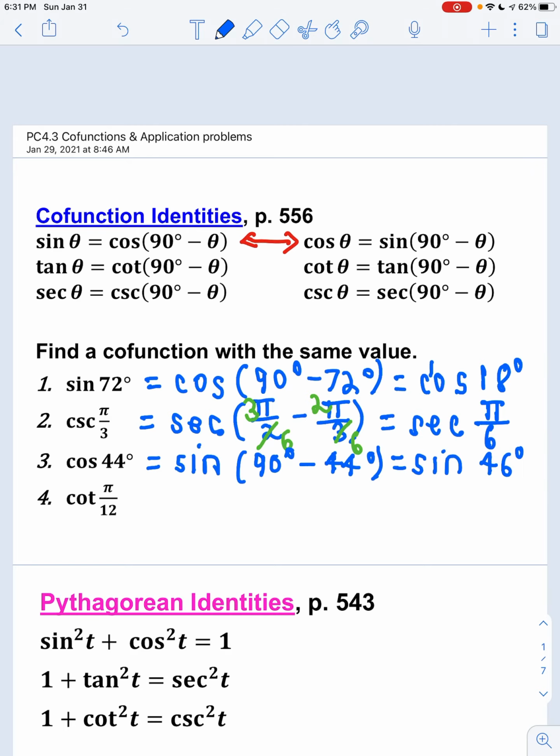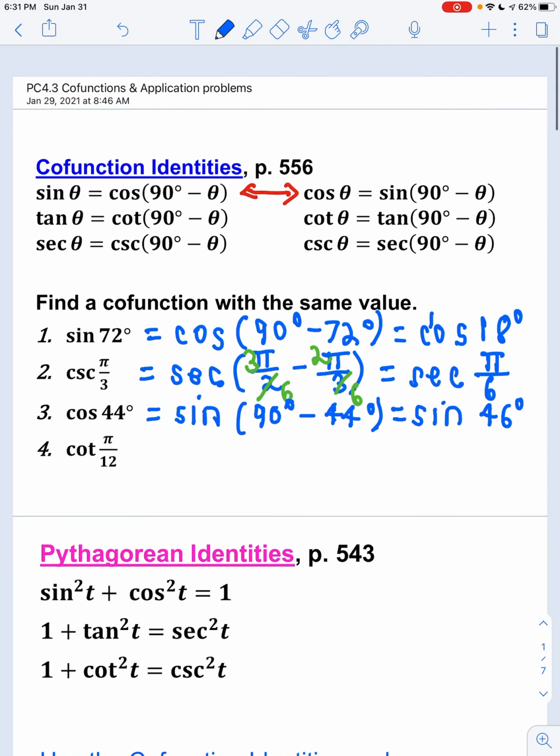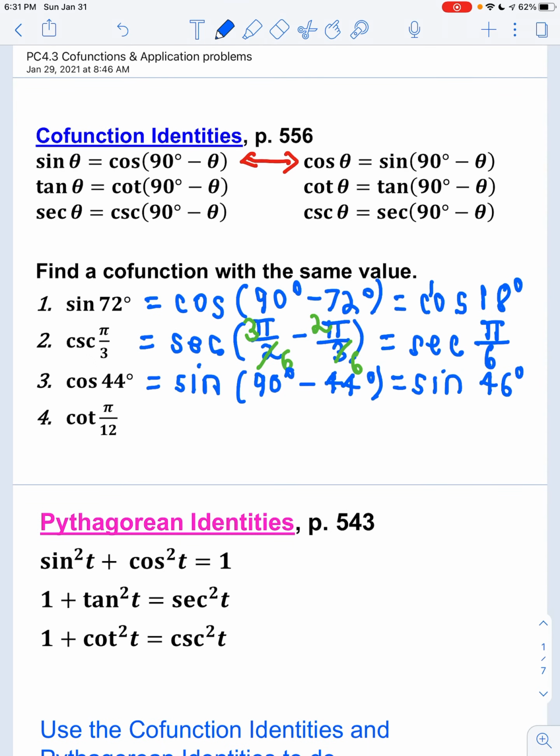So that would be 46 degrees. How about the final one, the cotangent of pi over 12? It will be a cofunction with tangent. And again, here we do want to use pi over 2 for 90 degrees in radians, minus pi over 12.